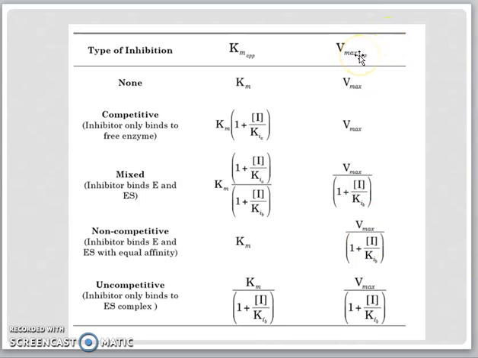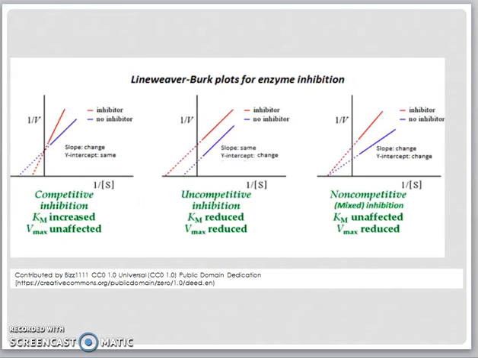Remember, Vm app is the value of Vm with the inhibitor, and Vm is the value for the one without inhibitor. For the uncompetitive, you can use either the Km app or Vm app value.